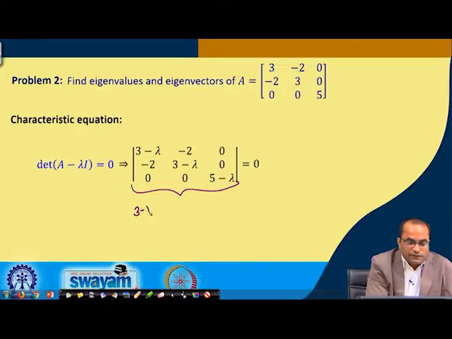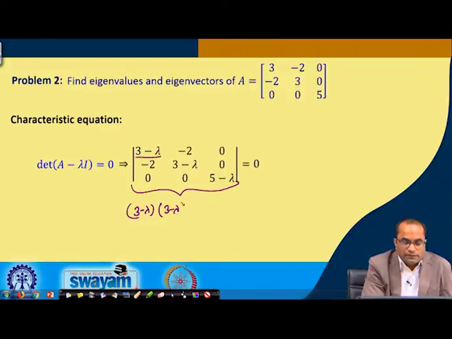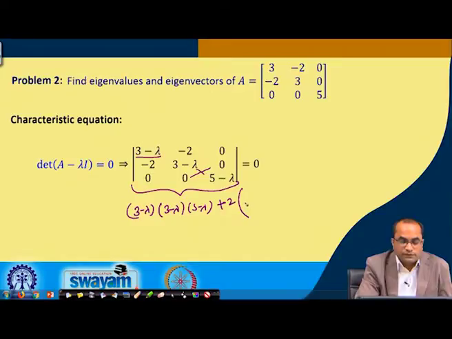We have 3 minus lambda multiplied with 3 minus lambda into 5 minus lambda, minus 0. This is done, and then we have minus plus 2 here. So, this will be minus 2 times 5 minus lambda, and the rest will be 0.